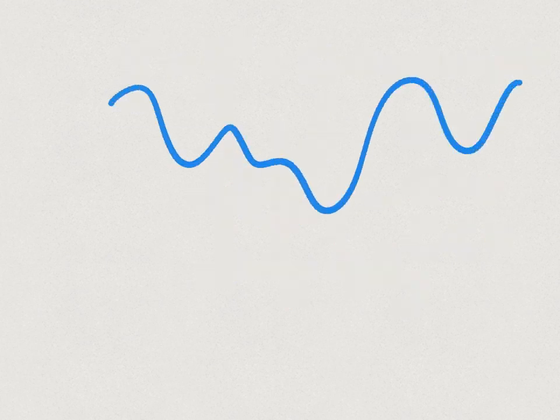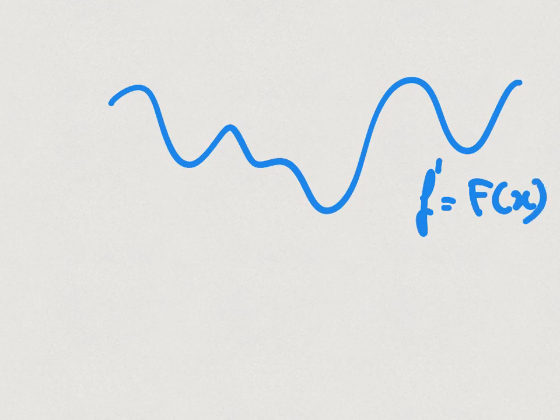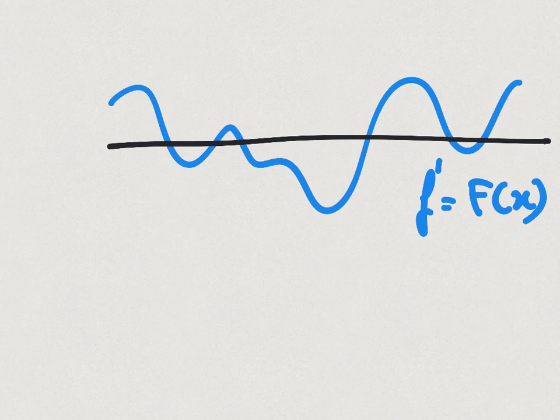Now, for one-dimensional dynamical systems, which are represented by some arbitrary function, the number of equilibria is going to be determined by how many times it crosses the zero line, and the type of equilibrium is going to be defined by the domains on the left and on the right.